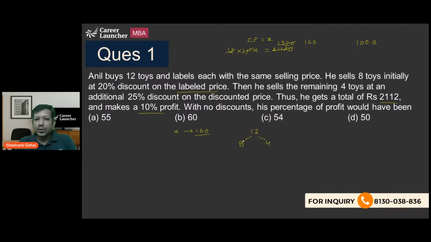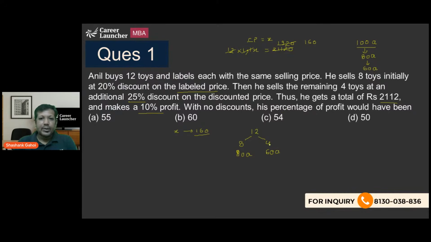In the 8 he is giving a discount of 20%, so he is selling them at 80A. In the 4, after 20% it becomes 80A, and then an additional 25% discount, which is 20A, so his final selling price becomes 60A.